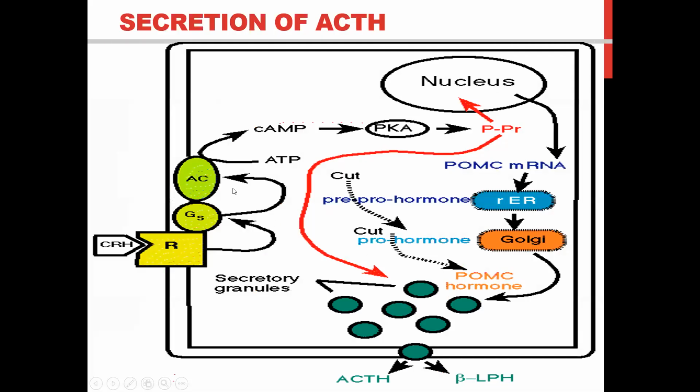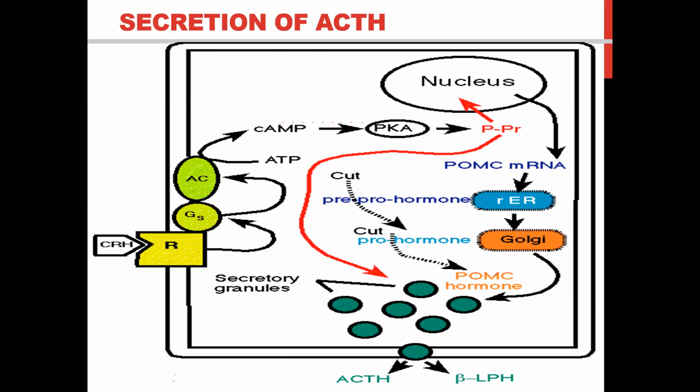Now, for this illustration, on how ACTH is secreted: the corticotropin releasing hormone will bind with the receptors in the cell membrane. Think of this illustration as the cell, and this figure here is the cell membrane. The corticotropin releasing hormone binds to the cell receptors, which are coupled to adenylate cyclase by stimulatory G proteins.